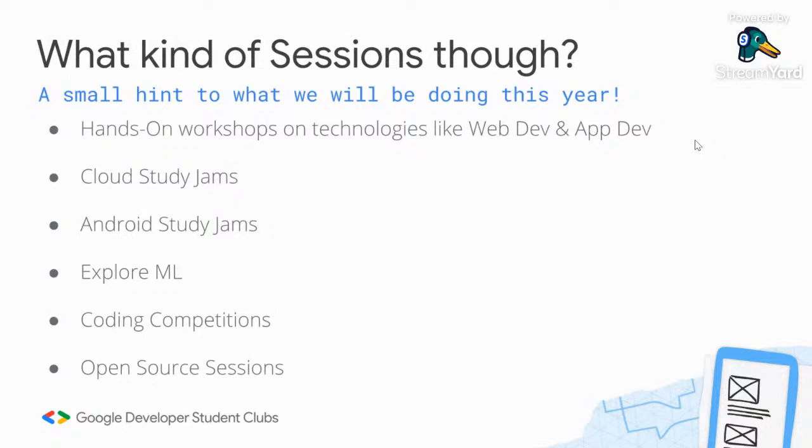We can have different coding competitions, and finally, this is the most important thing. We'll be having a couple of open source sessions. We'll explain to you guys what open source is, how you can contribute to it, and other good stuff, so that you can prepare yourself for Google Summer of Code and other open source programs like that.